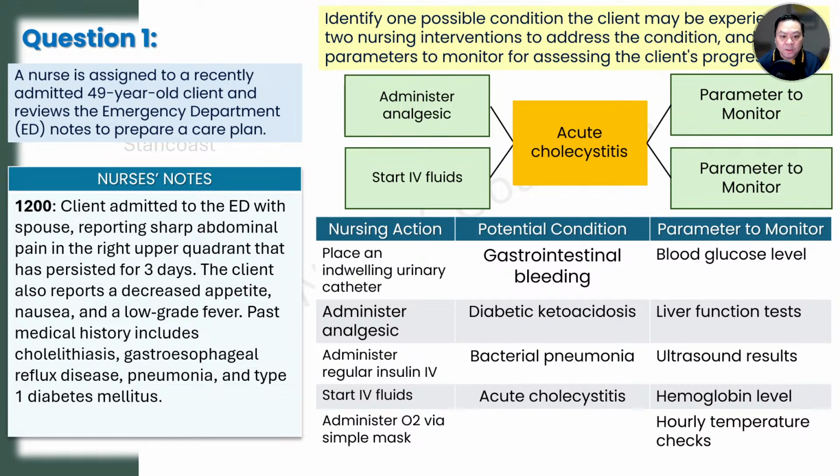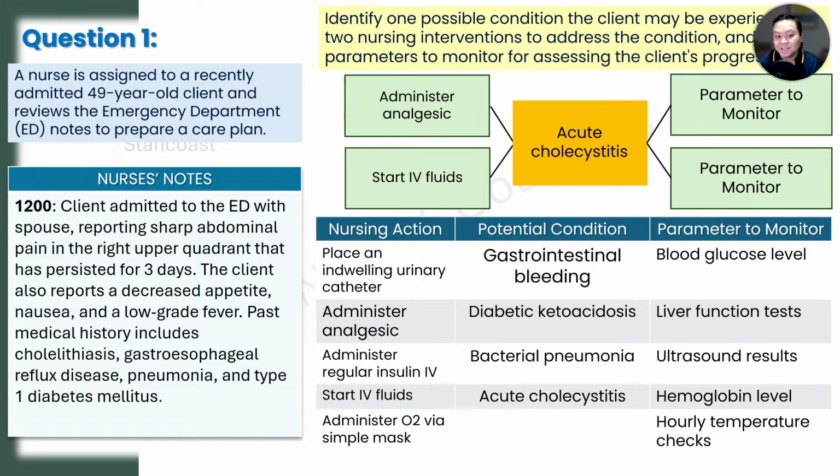Now, there's no evidence about a low oxygenation, and so this is not going to be necessary. The administration of O2 via simple mask will not be needed around this time, and there is no data in the scenario that can support the need for the insertion of an indwelling urinary catheter. So that's why we only have the two. Okay, administer analgesic and start IV fluids.